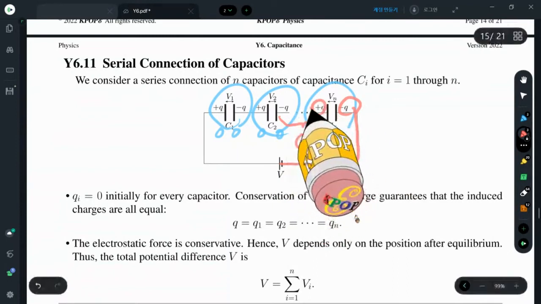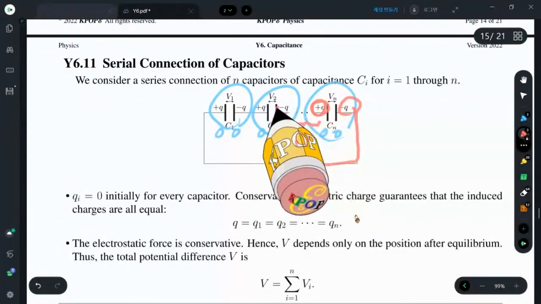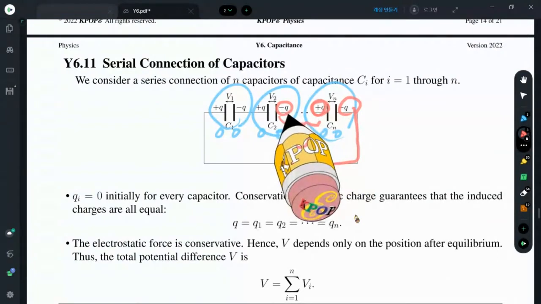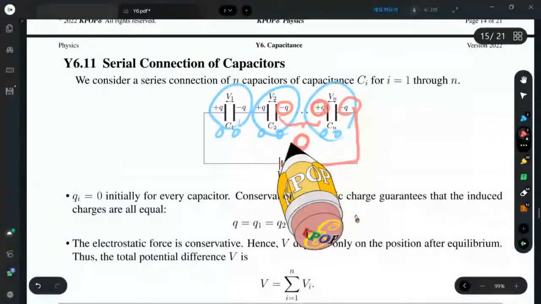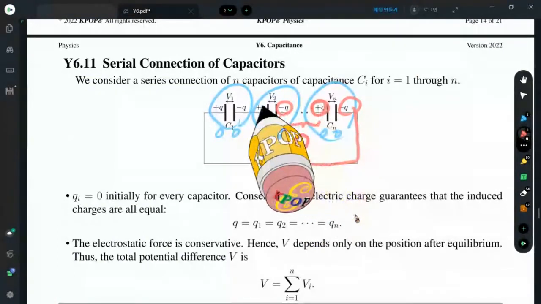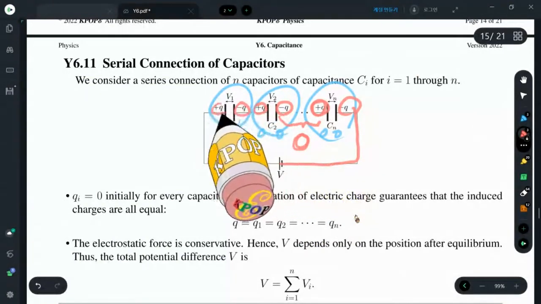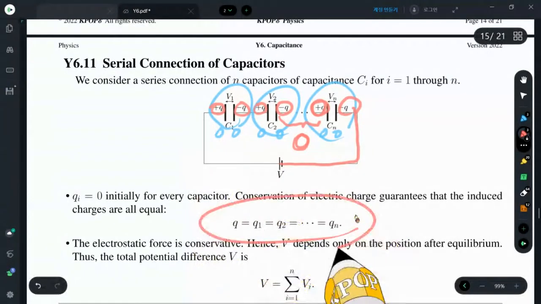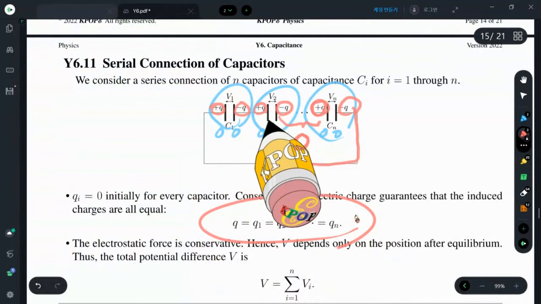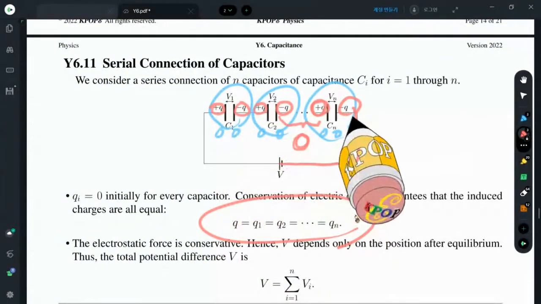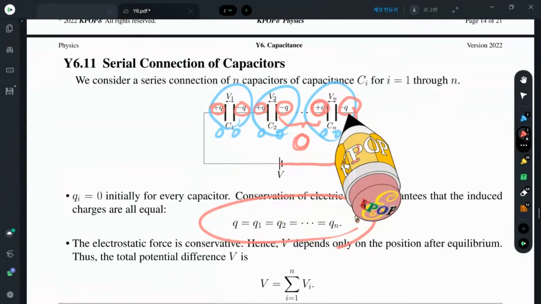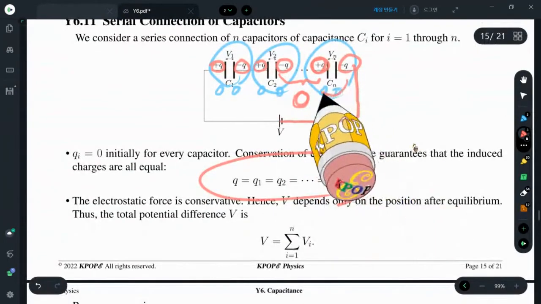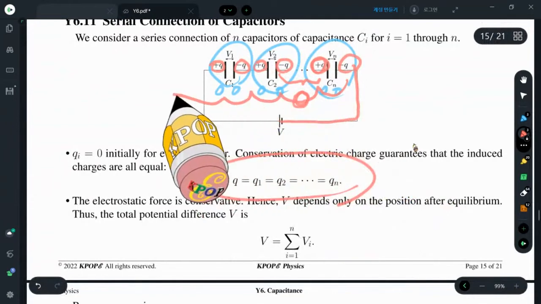So if you have plus Q in here, the other plate must have an equal amount but opposite charge because of the conservation of charge. In series, we can repeat. As a result, all of the charges in all capacitors connected in series must be the same. On the other hand, the potential differences must be added up.